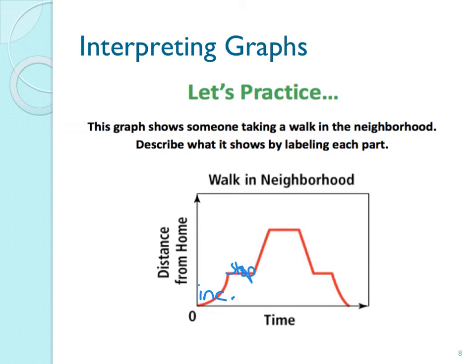Here they're walking, so they're increasing their miles from their house. And then here they stopped again to rest or walk their dog or let their dog sniff the trees. And here they're going back home, so they're decreasing their miles.